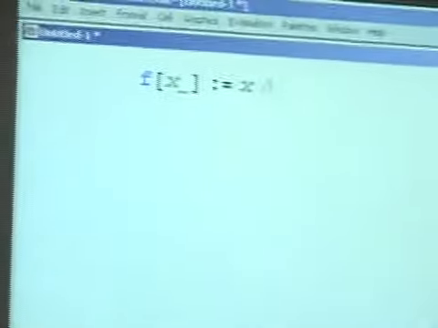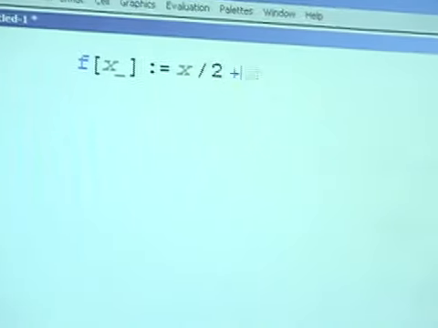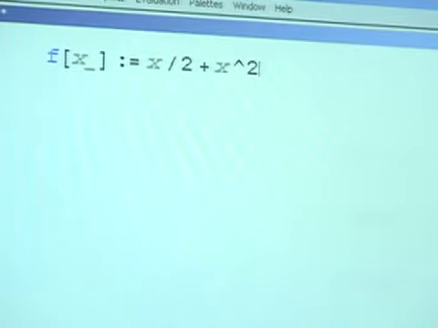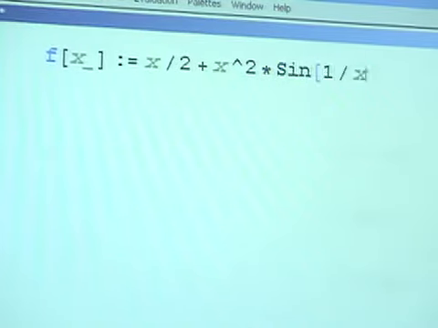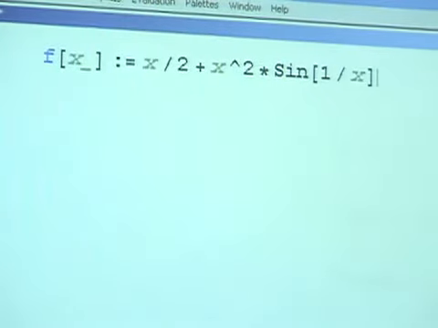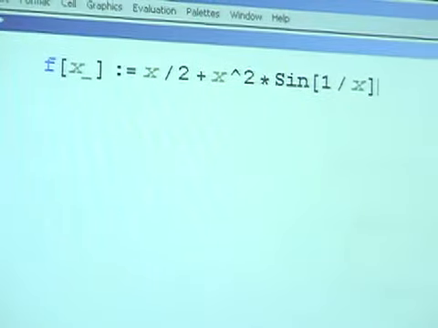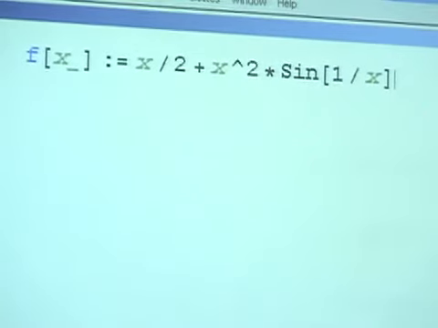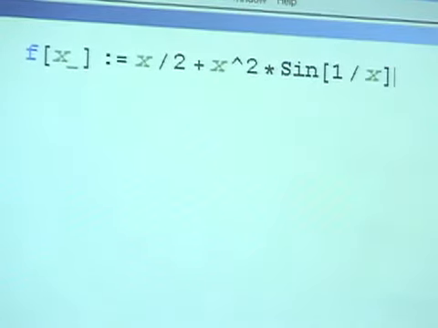Essentially, the function is this. I'm going to take x over 2 plus x squared times sine of 1 over x. Maybe you want to zoom in on that to make sure it's big enough to see that. As I type this function in, as it stands, it's actually not defined everywhere.